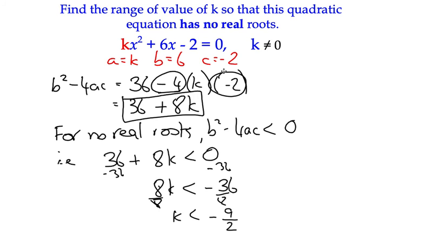We have used the discriminant to come up with an expression with numbers and the letter k. We've declared that for no real roots the discriminant has to be less than 0, and when we solve the inequality that we make, we find that k is less than -9/2, and that's the range of values, basically from -9/2 down to negative infinity effectively.